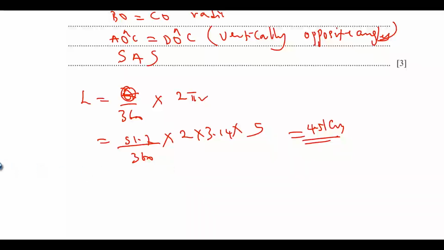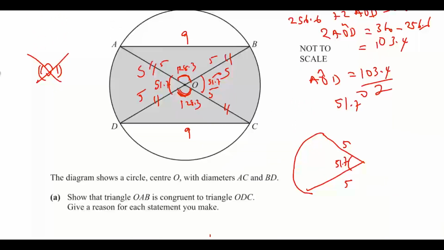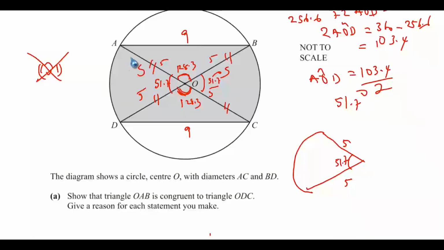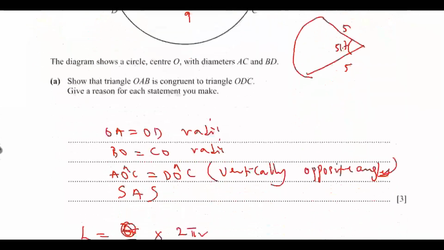Okay, so now I can get the perimeter of everything. The length of this arc is 4.51. The length of this arc is also 4.51. So I can now get the perimeter. The perimeter will be this plus this, that is 2 into 9, then this plus this, that's 2 into 4.51.